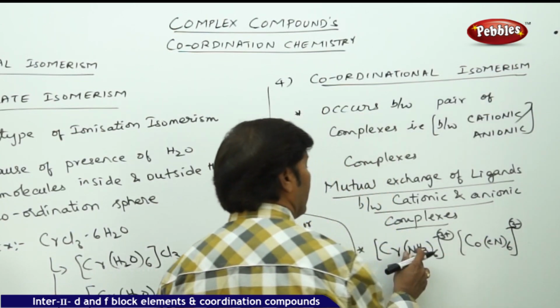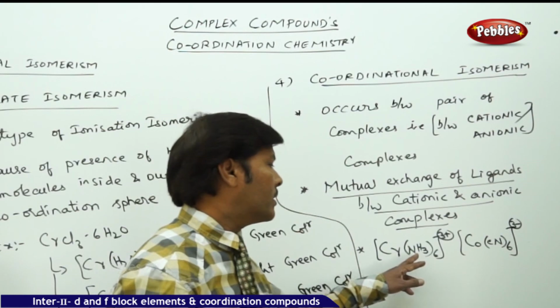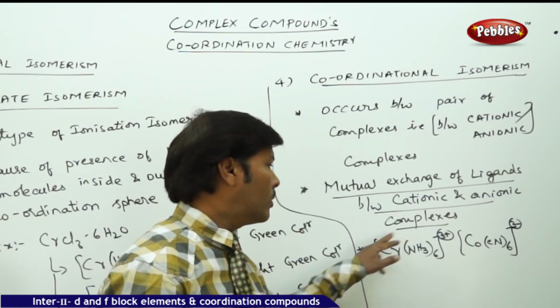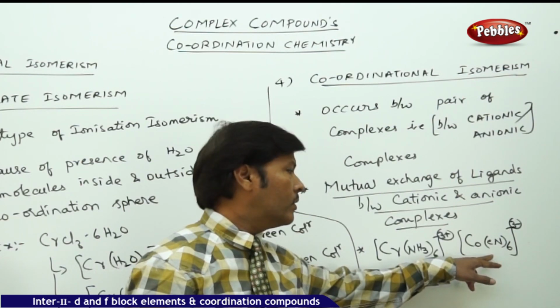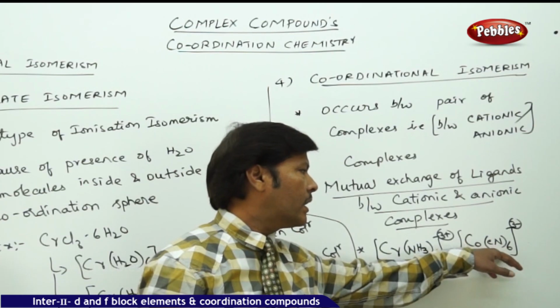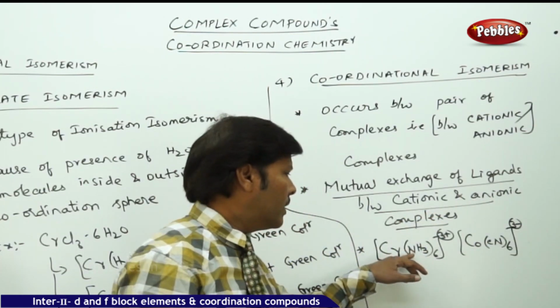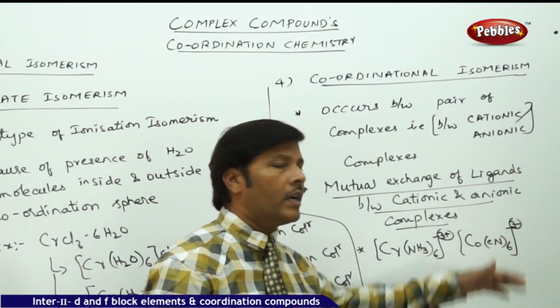Remember that whenever the given ionic complex has a neutral ligand, then that overall complex is going to become cationic. Whenever it has a negative ligand, the overall complex is going to become an anionic complex. So here we have an anionic ligand, so the complex is negative. Here it is a neutral ligand, so the complex is positive. So positive, cationic; negative, anionic complex.